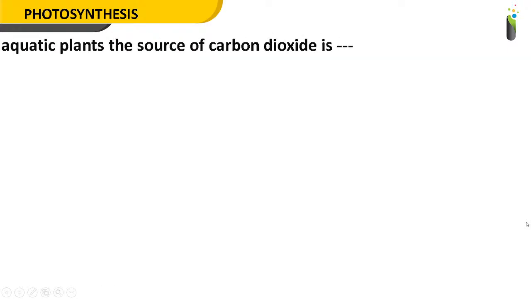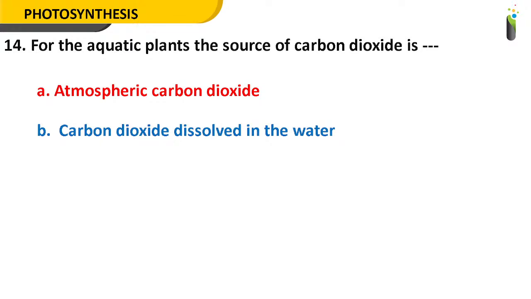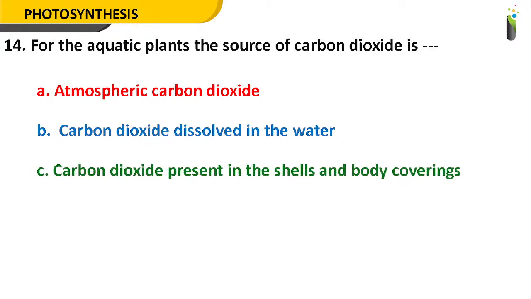Coming to the next question, number 14. For the aquatic plants, the source of carbon dioxide is dash. A. Atmospheric carbon dioxide. B. Carbon dioxide dissolved in the water. C. Carbon dioxide present in the shells and body coverings. D. All of the above.